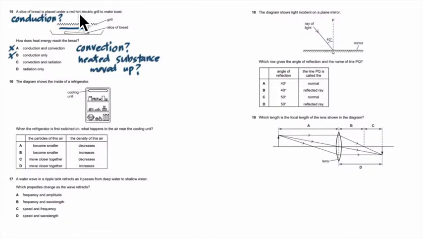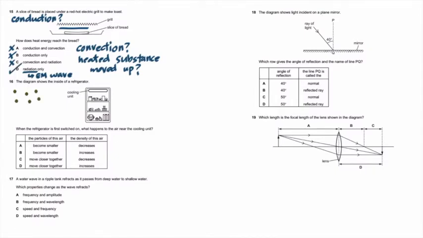But since the bread is beneath the source of the heat, convection is not happening there. This cannot be an answer. Radiation is the electromagnetic wave, and waves transfer energy in all directions. So in our case here, the answer is D.